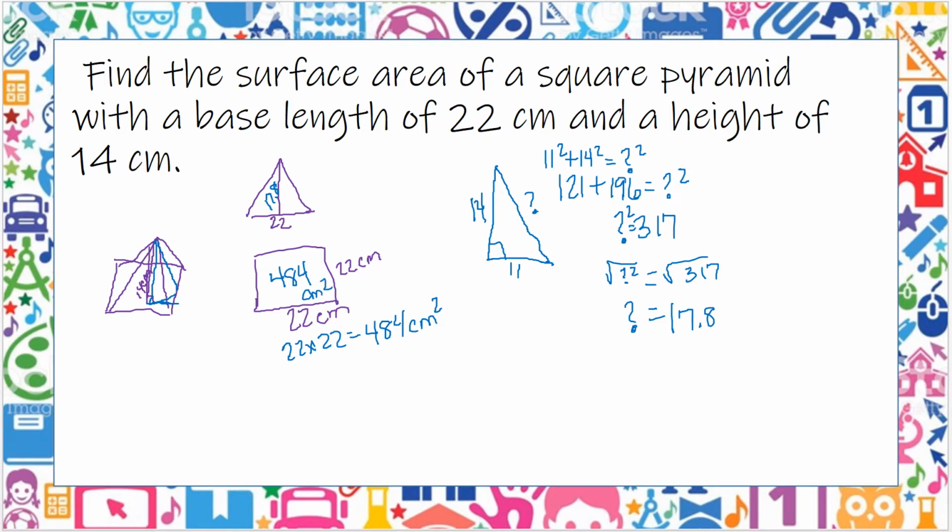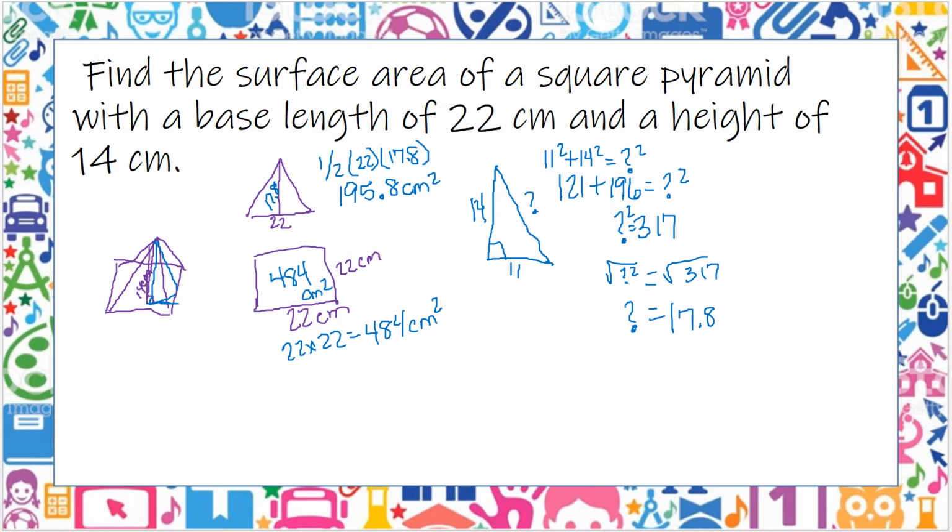Now I'm going to go up and look at my triangle. I know that the area of my triangle is 1/2 times the base times the height. So I'm going to multiply 1/2 times 17.8 times 22. And I get that each triangle is 195.8 centimeters squared.